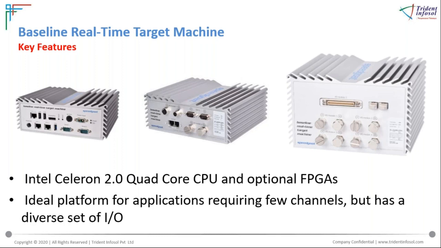The CPU here is an Intel Celeron, and by default you get connectivity like Ethernet, USB ports, and also serial ports. We have the option of including 4 IO modules for the Baseline S, and in the case of Baseline M, you can have up to 6 IO modules.